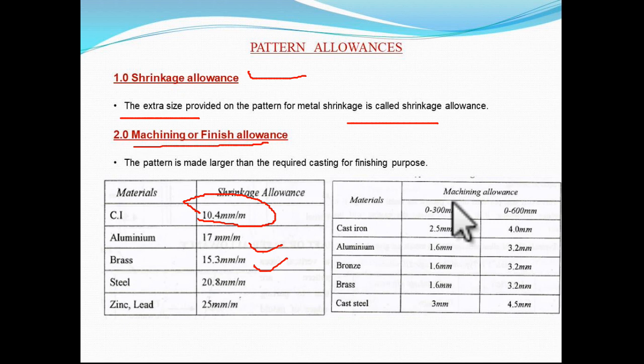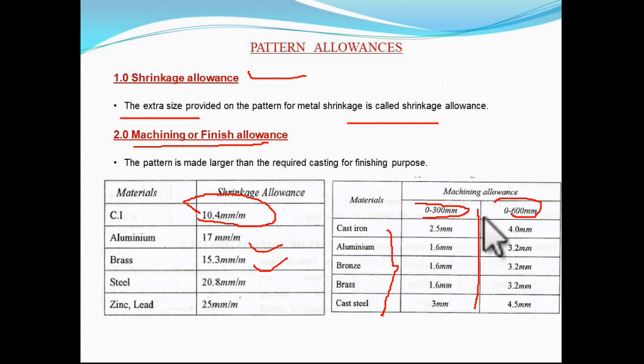In case of machining allowances, it is divided into two categories. One is up to 300 and another one is up to 600. If our dimension is above 600, then we should give 4, 3.2, 3.2, 3.2, and 4.5 based on the material division, that is cast iron, aluminum, brass, steel, etc. So here we should consider what the base length is and what allowance we have to give.